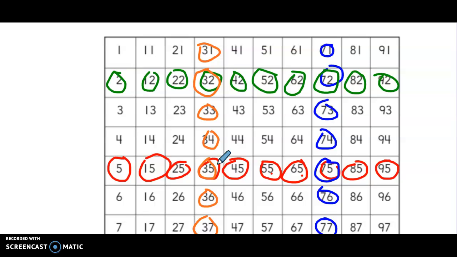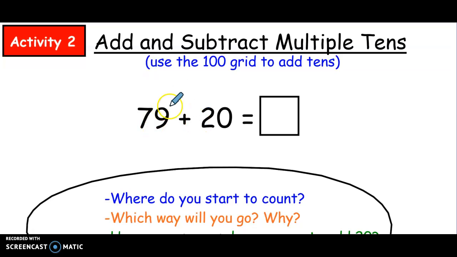Okay, we're also going to use this 100 grid to add tens and multiples of tens. So for example, we're going to have this equation, 79 plus 20. First we have to find it on our chart.